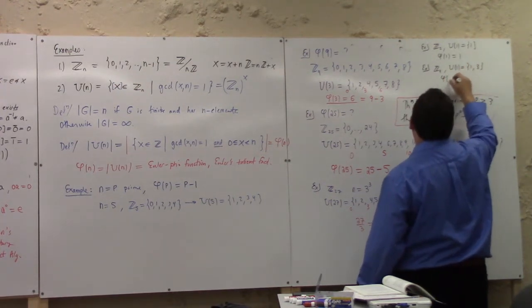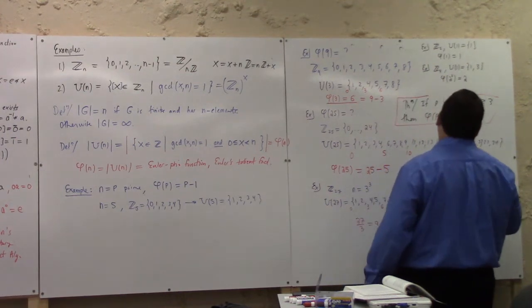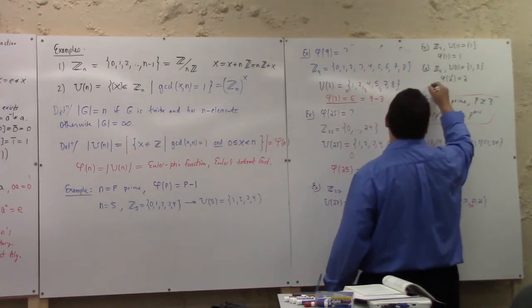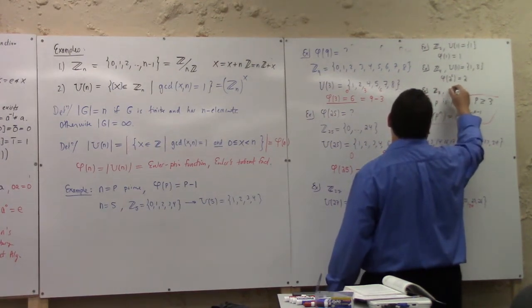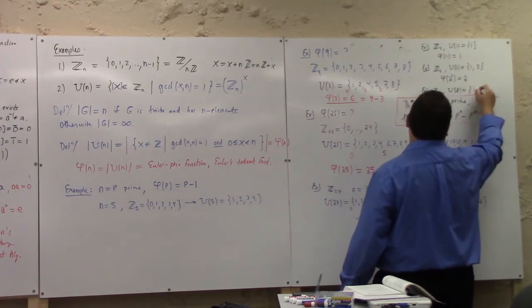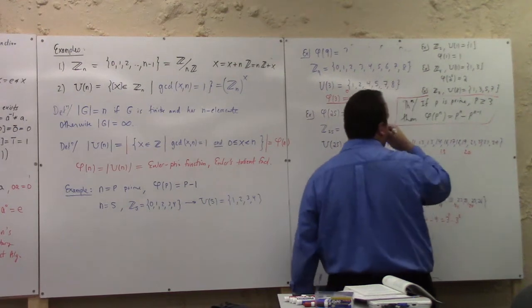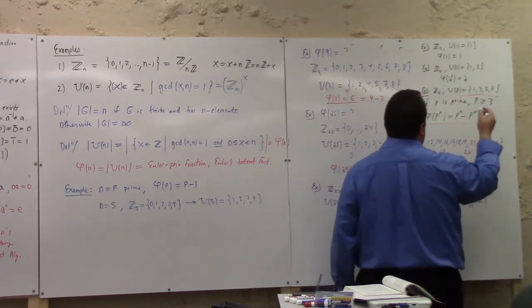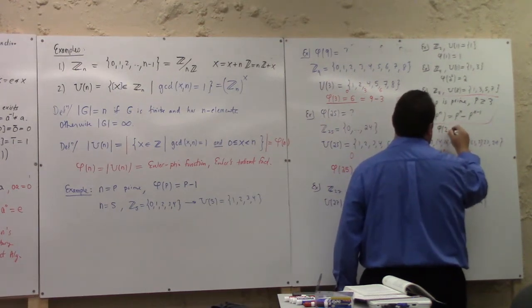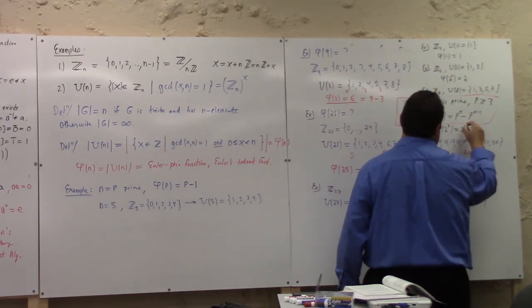So the Euler phi function of 2 squared is equal to 2. How about Euler phi function of 8? What's Z8? What's U8 equal to? 1, 3, 5, 7, right? So that means Euler phi of 8, or Euler phi of 2 cubed, is equal to 4, so that's 2 squared.